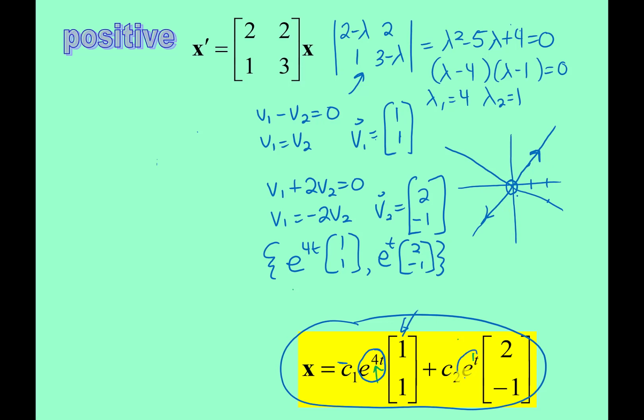Now the second eigenvalue and solution that corresponds with the second vector is an e to the t, which also goes to infinity. So solutions are going to be heading away from the origin because these eigenvalues are positive, and e to the positive t is going to blow up, go to infinity or negative infinity.